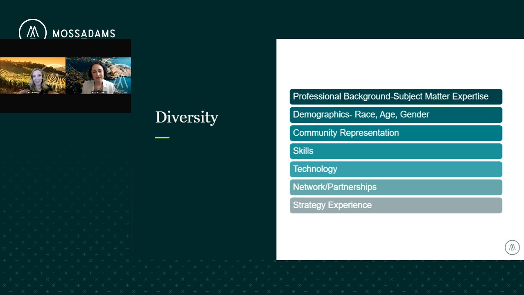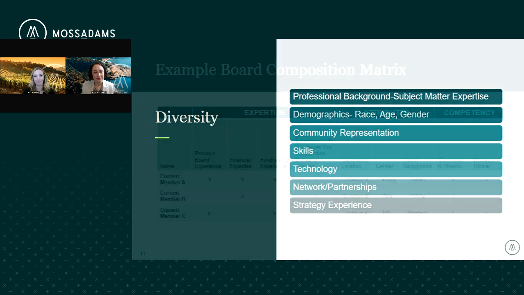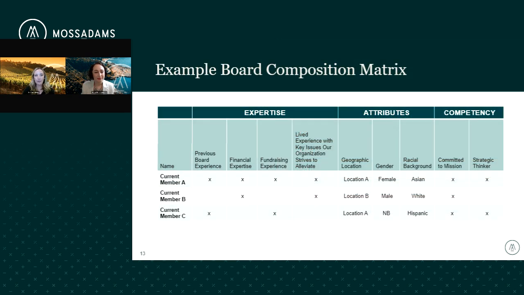So not getting into the weeds all the time of the operations and being able to pull yourself up, be forward thinking, and being able to stay in that strategy sphere. So these are just some of the components that make up that diversity piece when thinking about full composition of the diversity component.